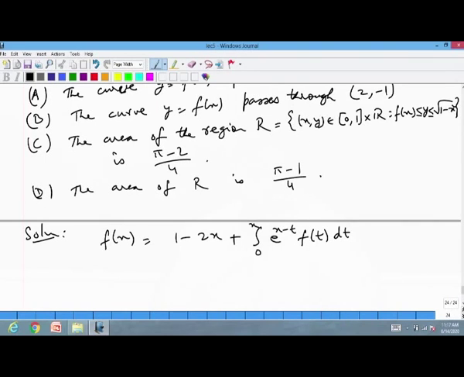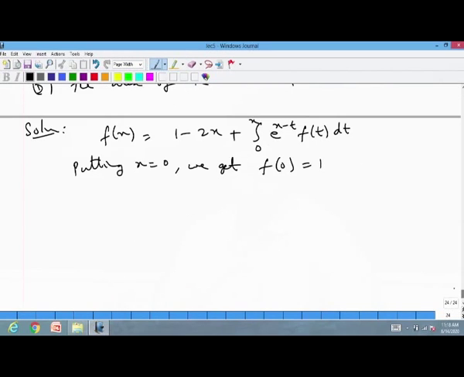So, first by putting x equal to 0, we get f(0) equal to 1, because this integral is from 0 to 0, which is 0. So, f(0) equal to 1, this is one thing we get.